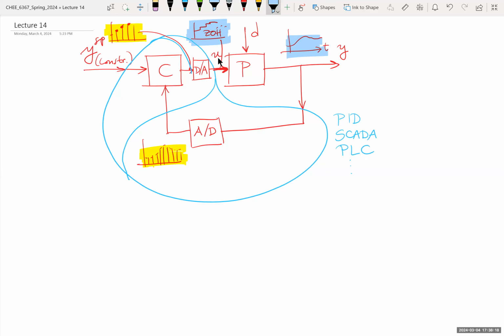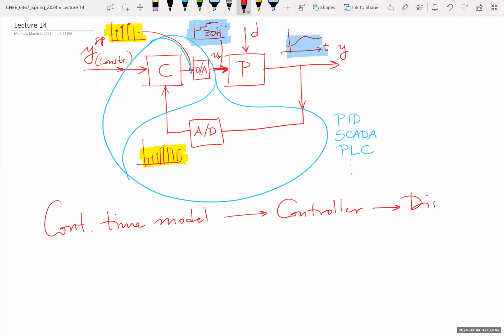We can go from blue to yellow very easily, and we have two basic ways in which we can design simple controllers. One is take blue, so take the continuous time model or continuous time information, that gives me a controller, and then discretize the controller.